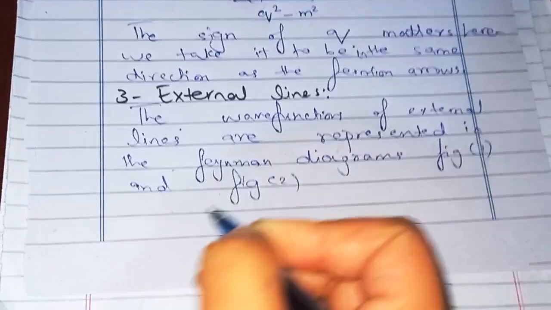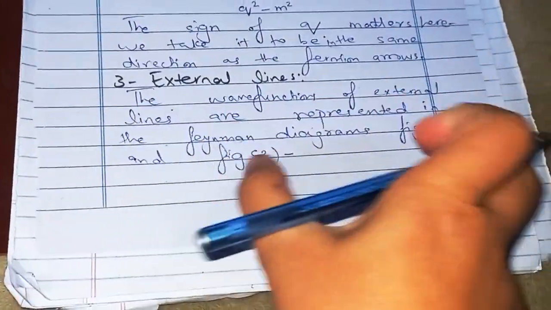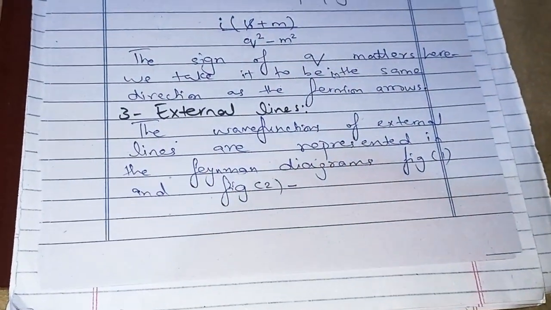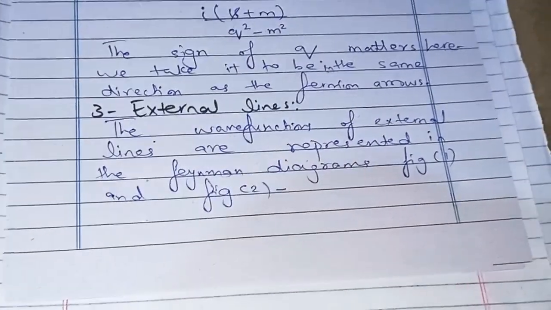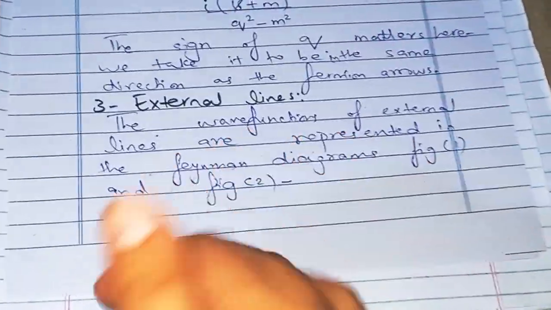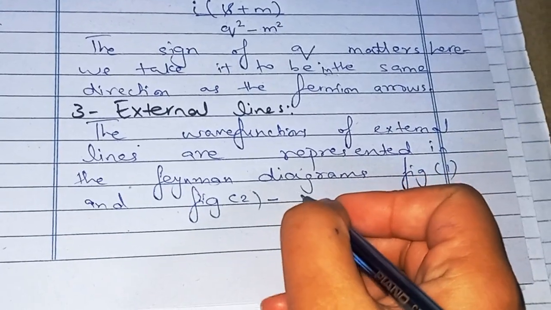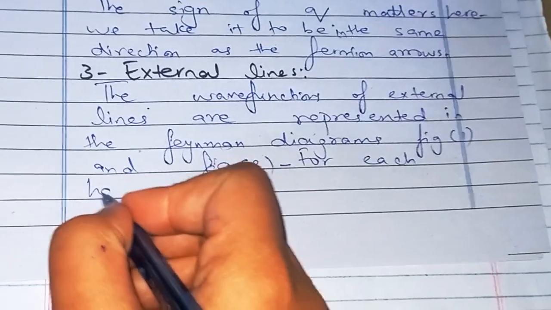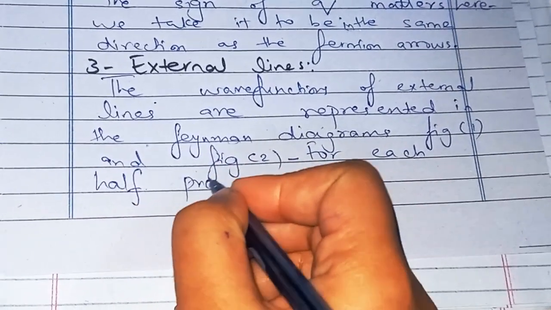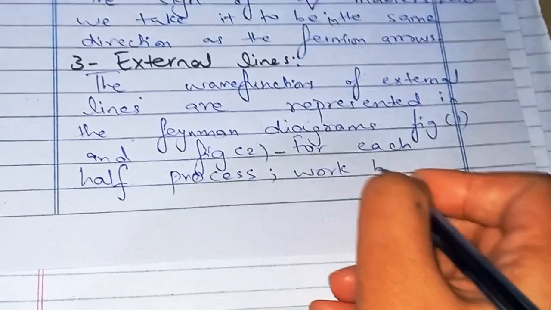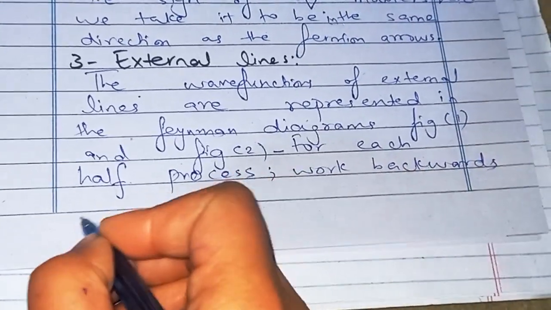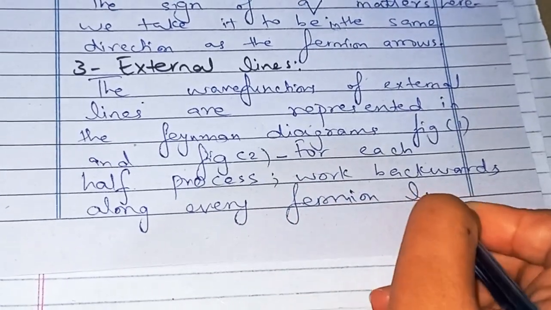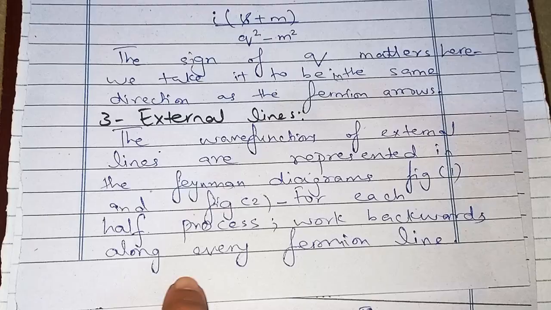We can draw a table right here showing u bar, v bar, epsilon mu, epsilon star mu for the incoming and outgoing particles. So these wave functions, for each half process, work backwards along every fermion line.